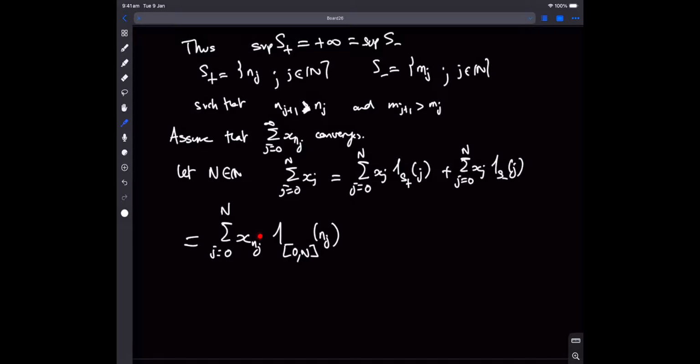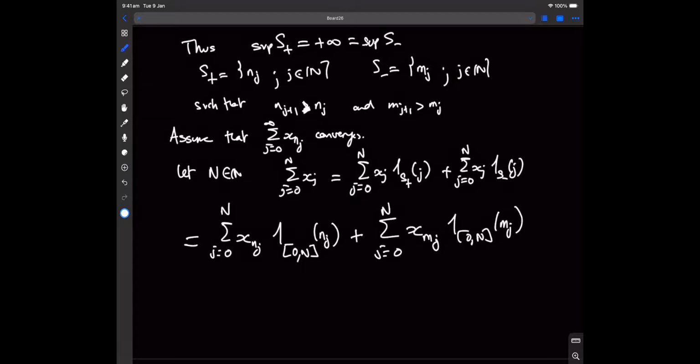So I'm only taking those x_{n_j}'s that give me an x_k where k runs between 0 and capital N. And then I can do the same thing for that other sum here. And that's the sum of x_{m_j} for m_j in [0,N].